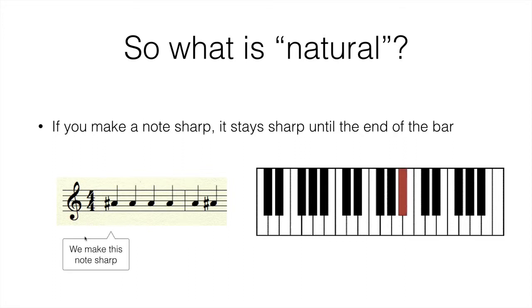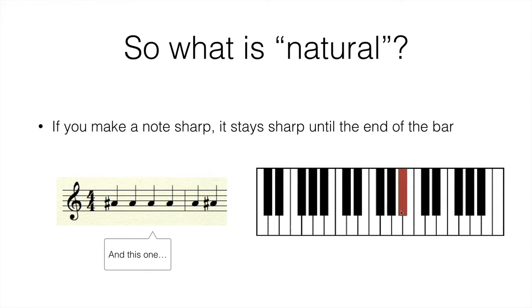We make this note sharp, and then this one is also sharp. We can see here, this is A sharp. Remember, C is to the left of the two black notes. Then this is D, E, F, G, and A. This note here is A as well. Remember, G is on the second line, so this is A. And this one is A sharp.